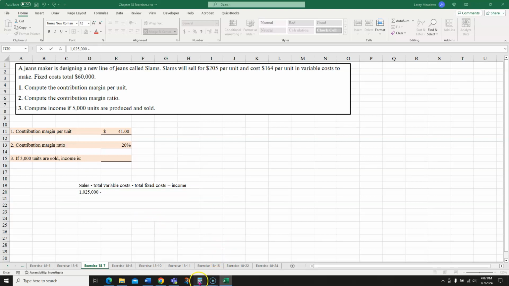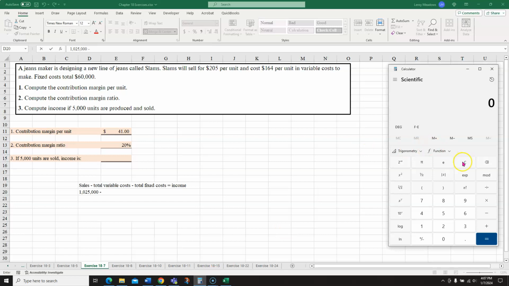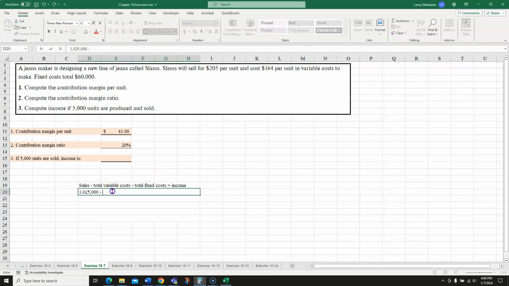Now, what are going to be my total variable costs? Well, my total variable costs will be $164 per unit times the 5,000 units produced, which is $820,000.